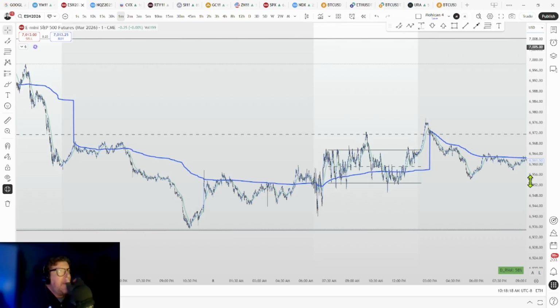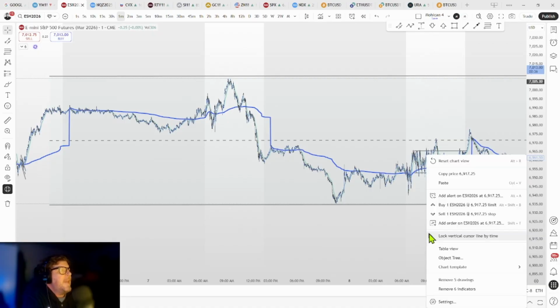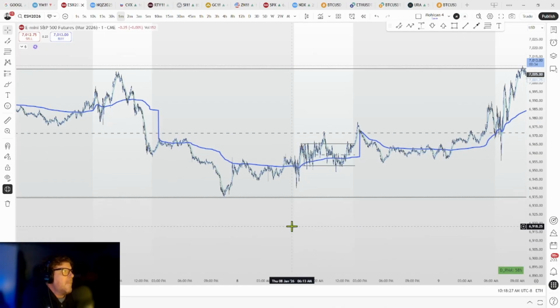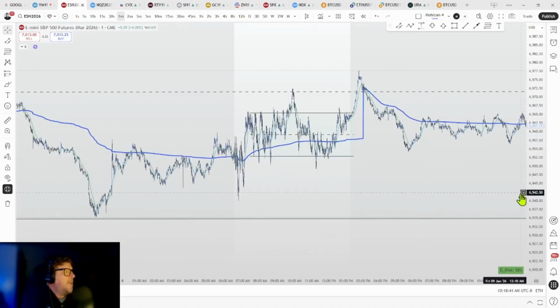So to jump right in, on Thursday, I was looking at a higher time frame range, and you can see that price had gone up to over 7,000 on ES. It had dropped down. So I knew that we're in balance, and inside that balance, there was another range that I was watching.